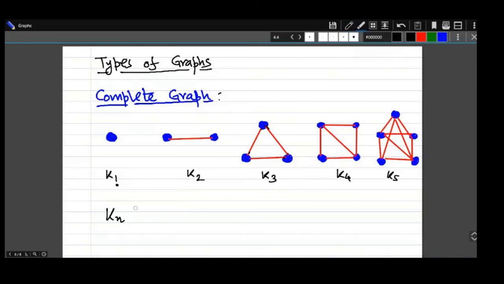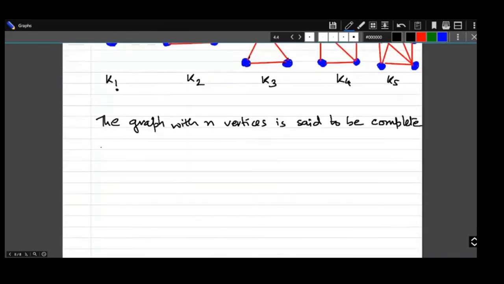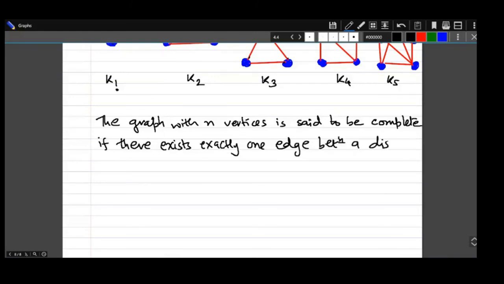Okay, so I probably can write. So the graph with n vertices is said to be complete if there exists exactly one edge between a distinct pair of vertices.